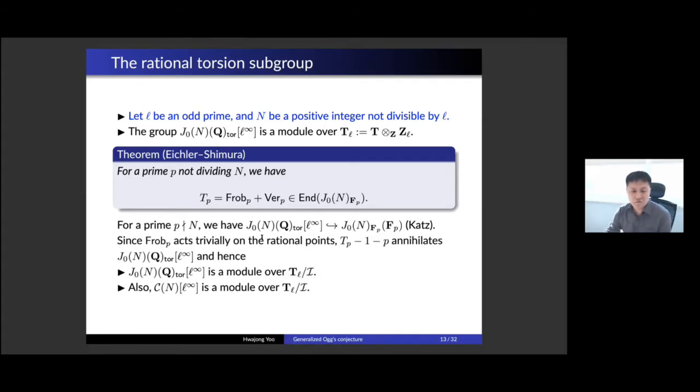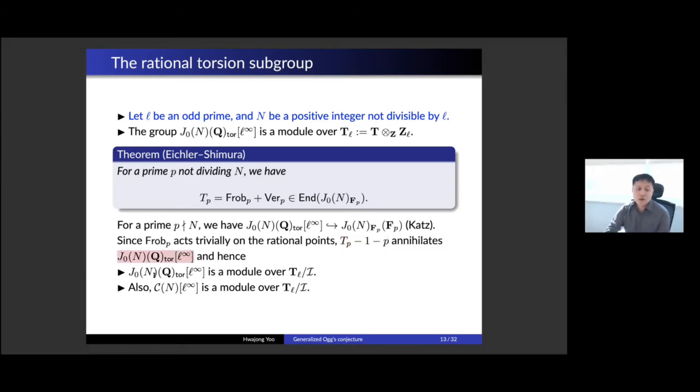And when L is odd, there is a natural injection to the special fiber, the F_p points of the special fiber. Since Frobenius acts trivially on the rational points, this T_p minus 1 minus p always annihilates this module.